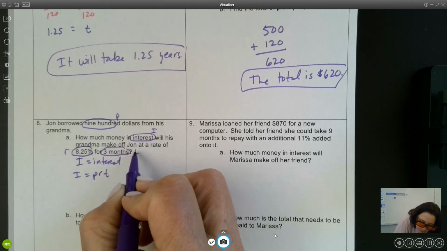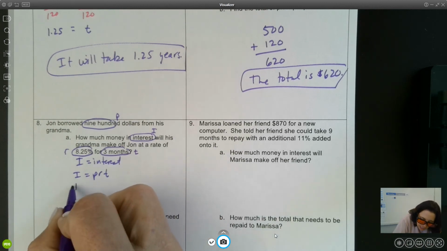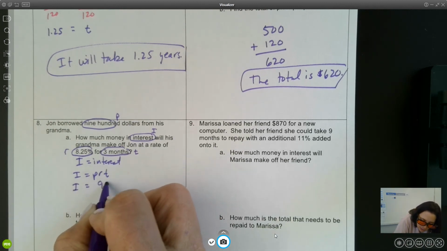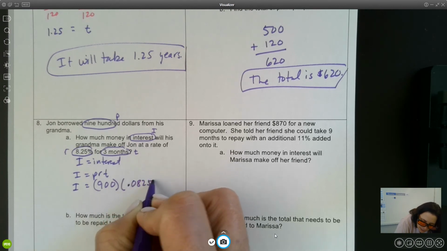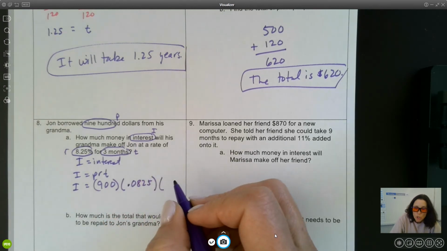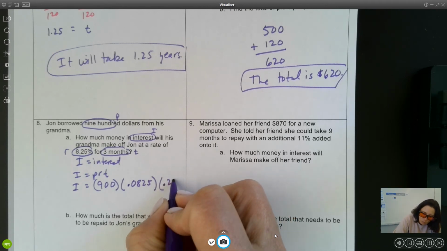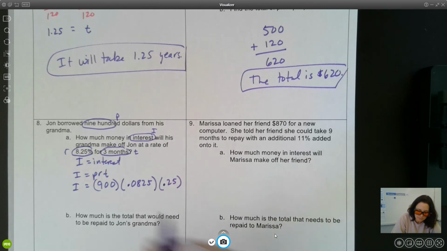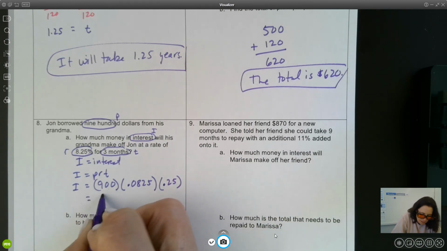Be careful because it needs to be in years. So I equal 900, 0.0825 is the rate. 3 months is a quarter, or 0.25 of a year. To solve for I, you multiply these 3 things together.